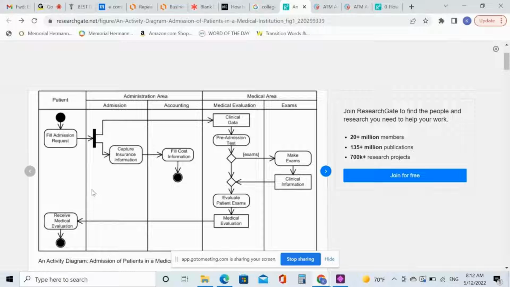This looks like it's for medical. Should I go back and find a college one, or is this one okay? Admission, medical, fine. It's just a purpose, so we are not going into details. It can be anything. When you join a job, they might ask you for anything, and you should be able to think and create one. That is my objective. It's fine, let's see this.